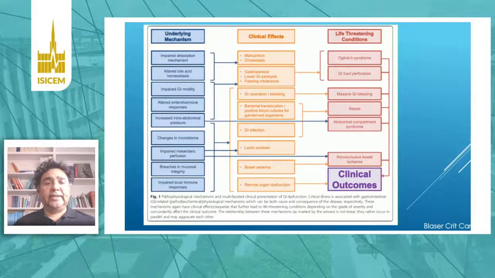The clinical manifestations may again be very various, with malnutrition, cholestasis, vomiting and nausea, illustrating the presence of gastroparesis, also bleeding resulting from gastric ulceration, and metabolic disorders like lactic acidosis. Eventually these manifestations may result in life-threatening conditions like GI tract perforation, Ogilvie syndrome, major bleeding, sepsis, and multiple organ dysfunction.